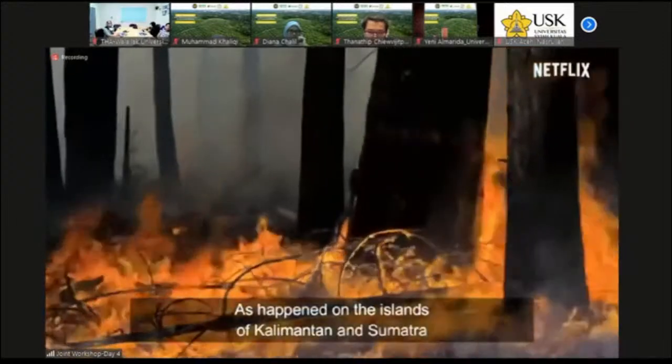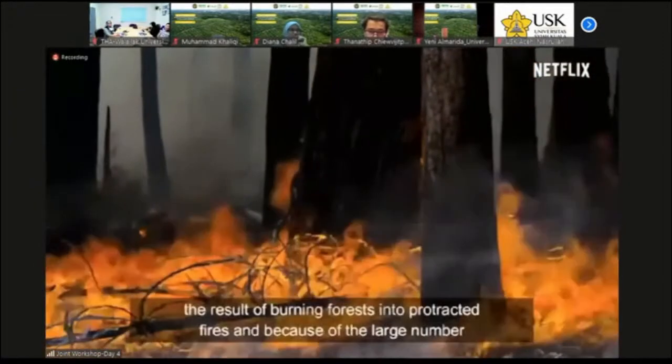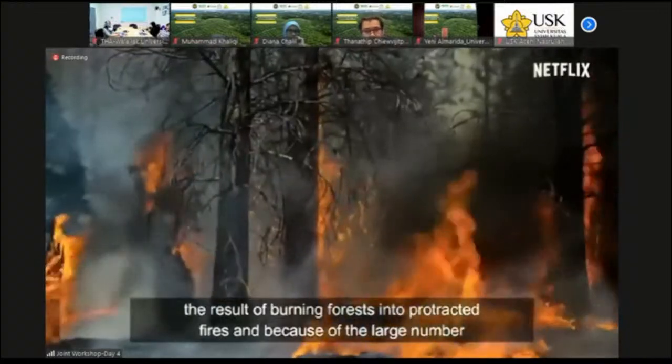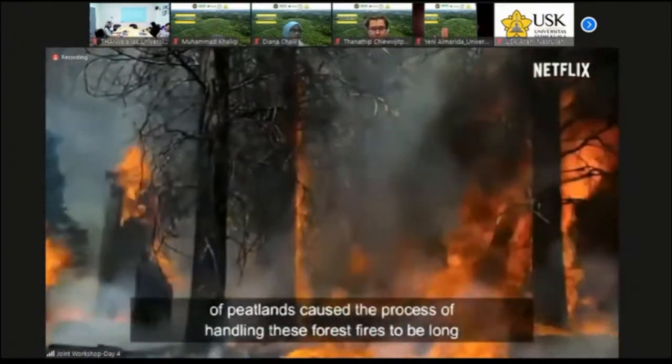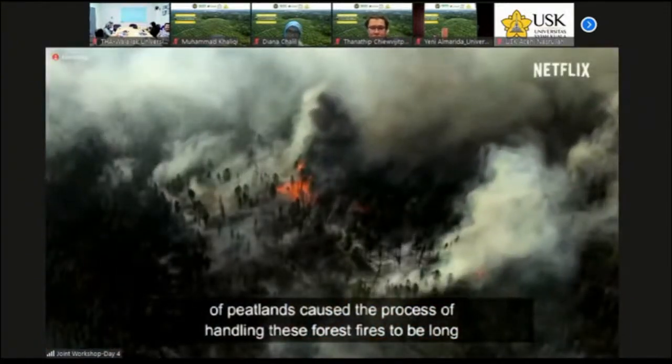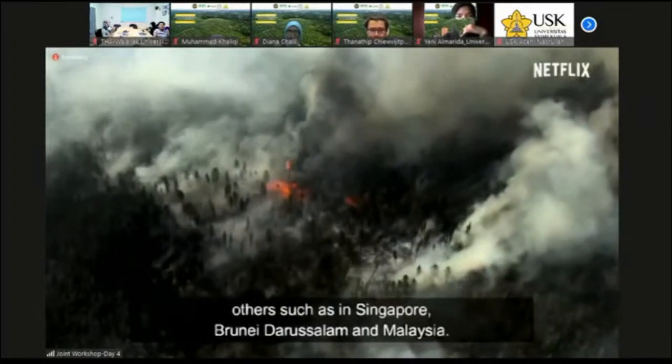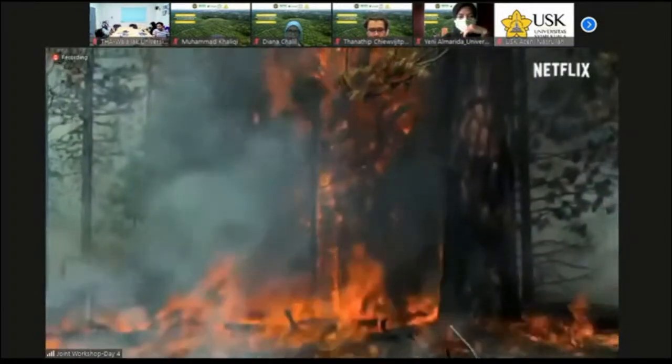As happened on the islands of Kalimantan and Sumatra, burning forests resulted in protracted fires, and because of the large number of wetlands, the handling of these forest fires took a long time. Others, such as in Singapore, Brunei Darussalam, and Malaysia.